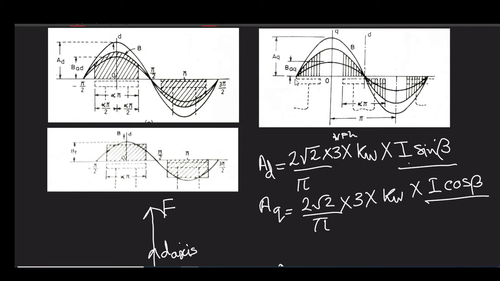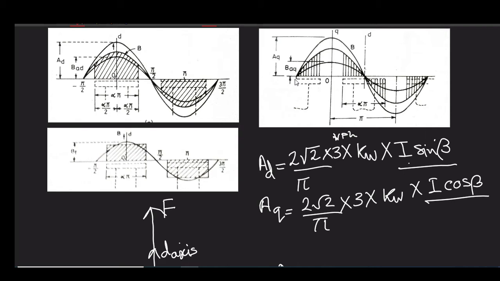Why? Because if you recall, B is equal to mu into H, and H you get by dividing A by the length. A is in the unit of MMF, that is ampere turn.